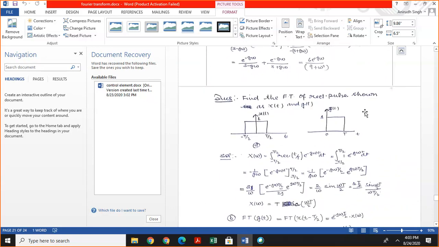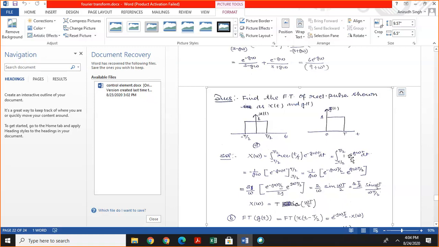Find the Fourier transform of the rectangular pulse shown in this figure. For the rectangular pulse, X of omega is given by the integration from minus T by 2 to T by 2 of rect(t/T) exponential minus j omega t dt, and the value of the rectangular pulse is 1.